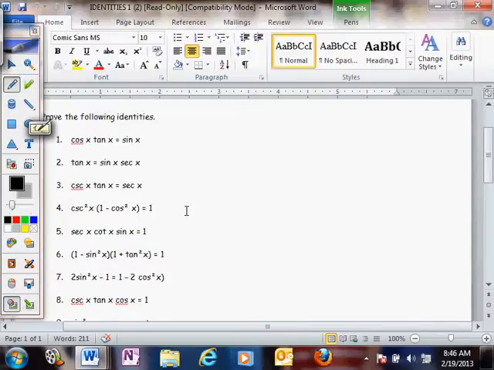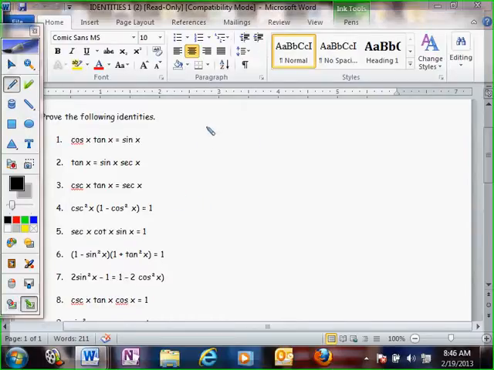Let's take a look at number 4. We have cosecant squared x times 1 minus cosine squared x is equal to 1.